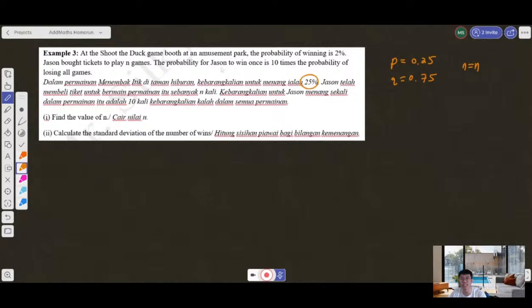The probability for Jason to win once is 10 times the probability of Jason losing all, meaning not winning at all. So I want to find the value of n.